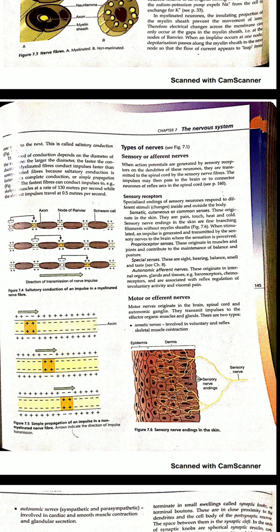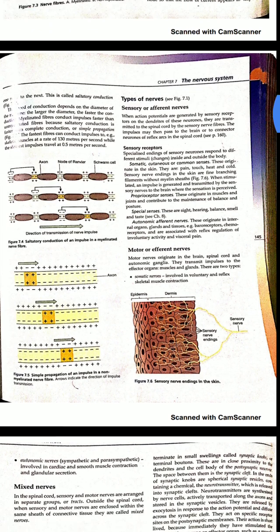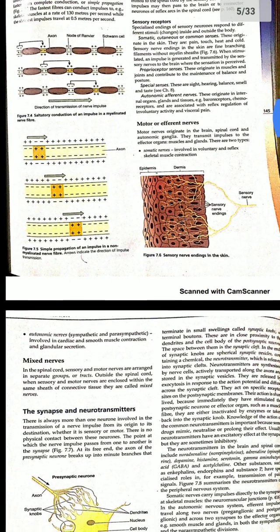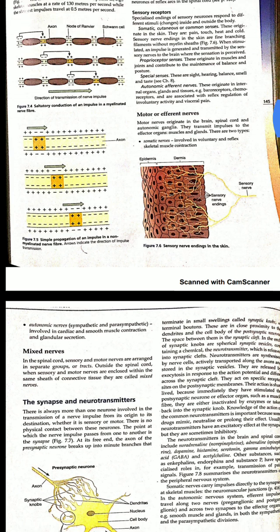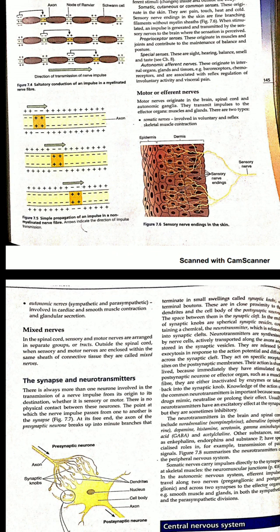Somatic nerves involve the voluntary or reflex skeletal muscle contraction, and the other is the autonomic nerve, which is further divided into sympathetic and parasympathetic, involved in cardiac and smooth muscle contraction.